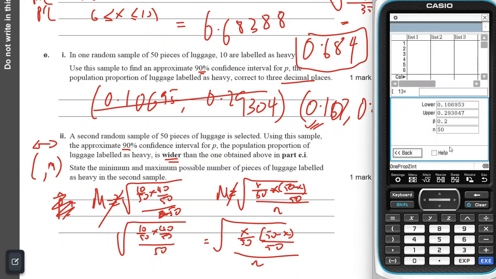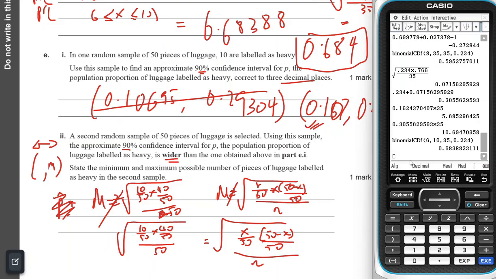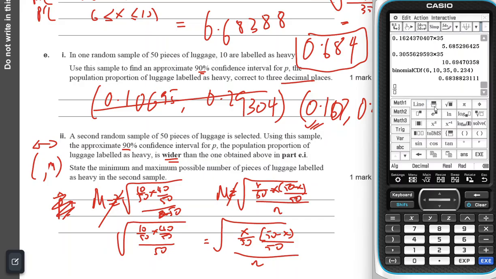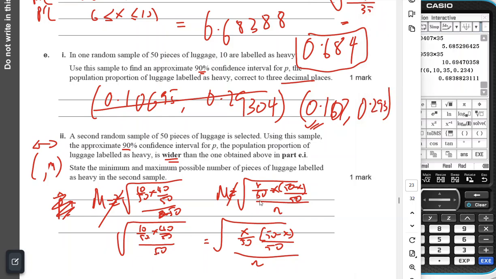So I punch up on my calculator. So I've got the square roots I can ignore. I've got 10 times 40 over 50 to the power of 3. I've got 50 times 50 also divided by 50.